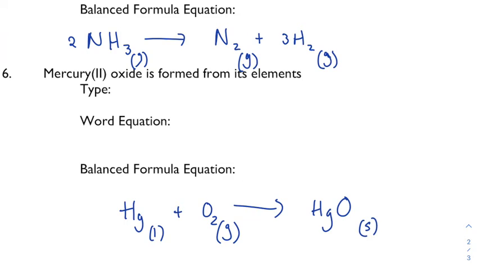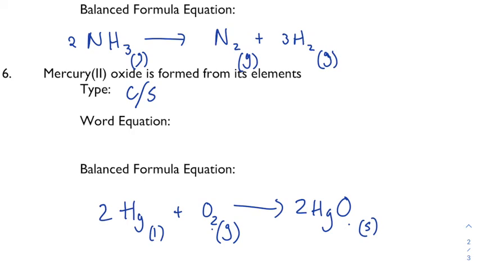So we're good. We just have to balance this equation. So notice I have 2 oxygens, I only have 1 oxygen, so I've got to put a 2 here. Now I've got to balance my mercury, so I put a 2 up there. And now we're balanced. This reaction type is a combination, synthesis. Okay. So this is combining elements to form a compound. All right, to finish, it's combination synthesis.